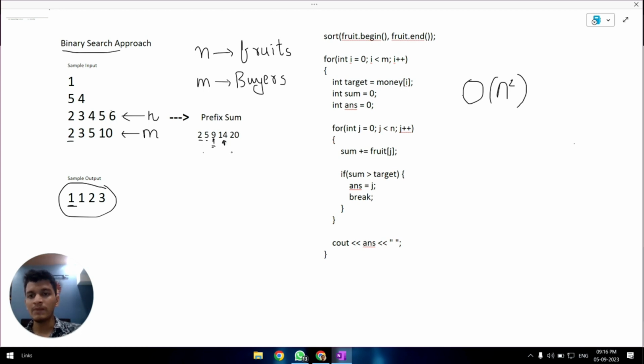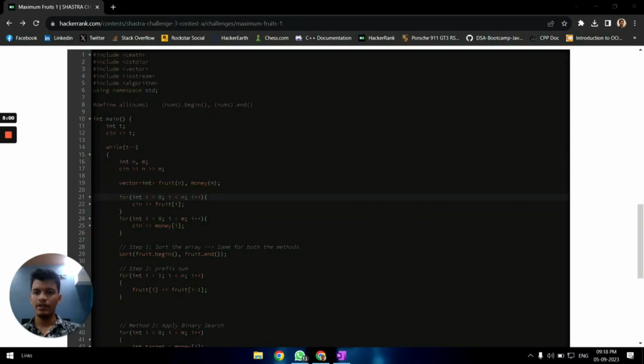Now let us see the code of the binary search approach.